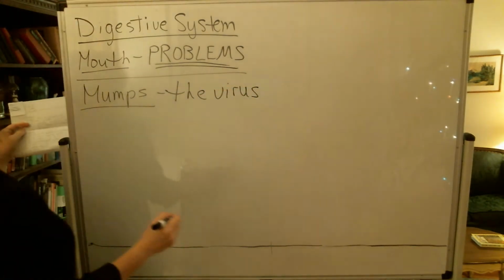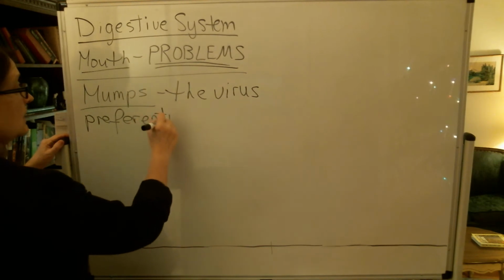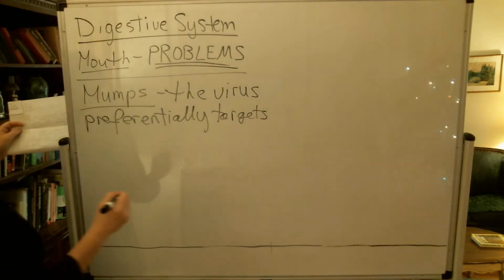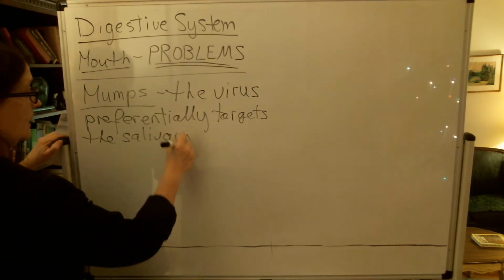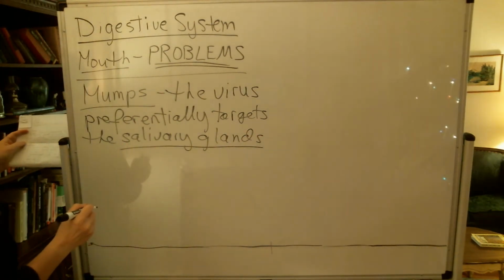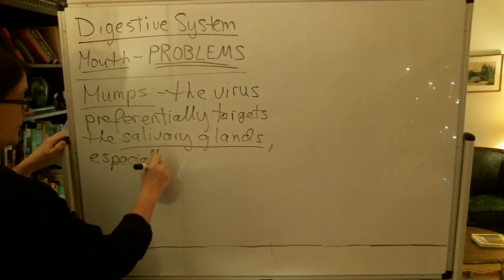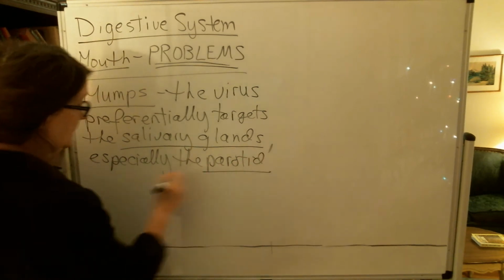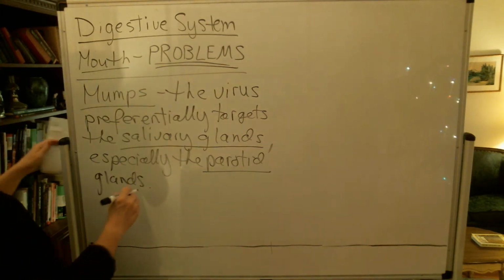This is a disease caused by a virus, and the mumps virus preferentially targets the salivary glands, especially the parotid salivary glands.